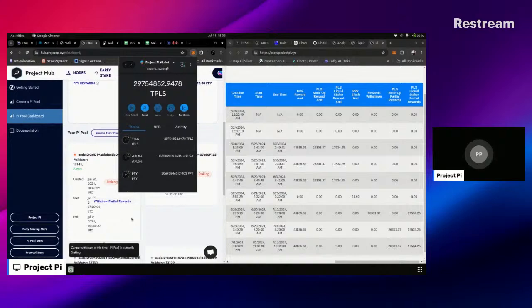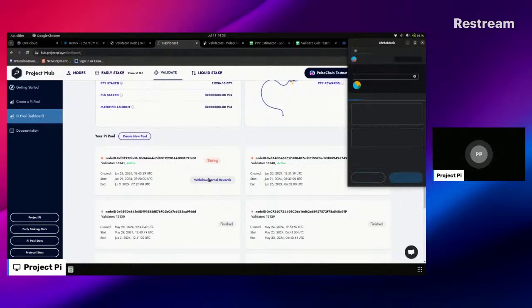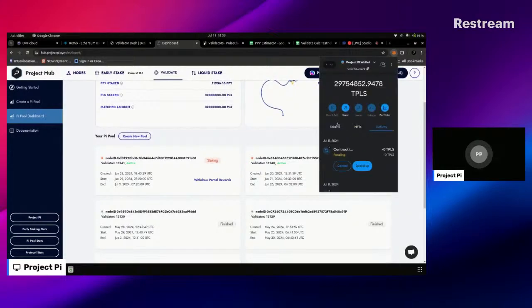So let's go ahead and run it. Let's click withdraw partial rewards, then confirm. And then let's open up MetaMask real quick and see the value go up.